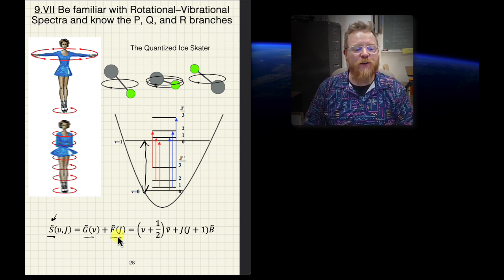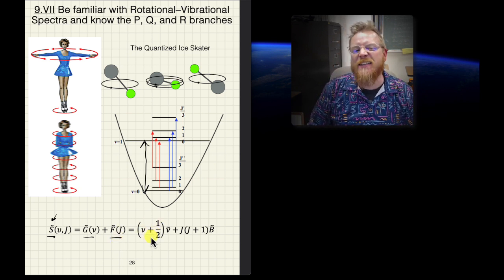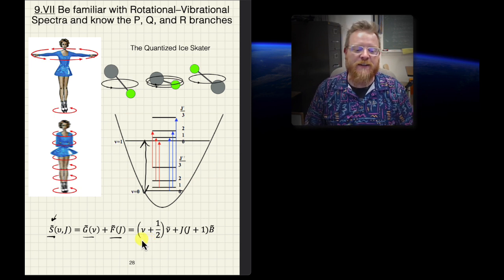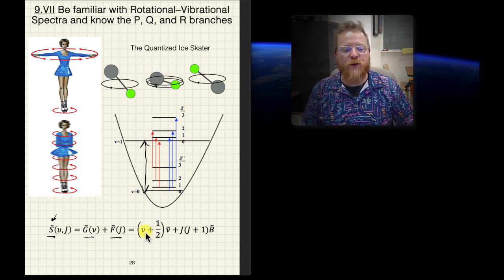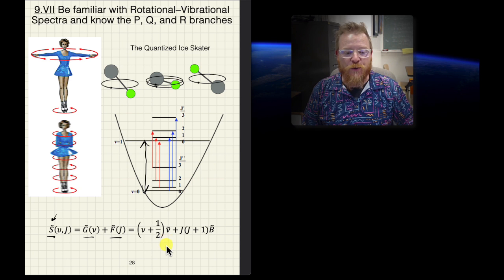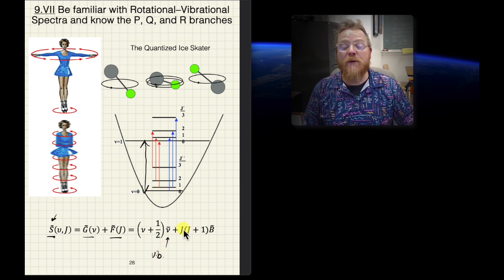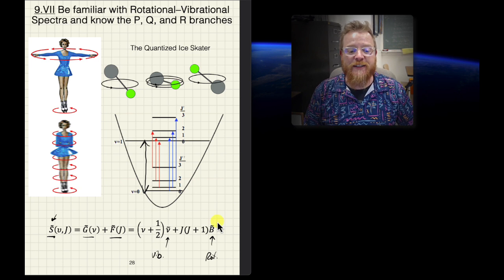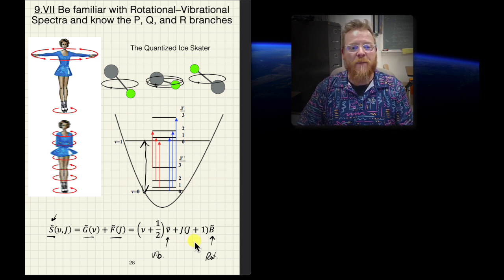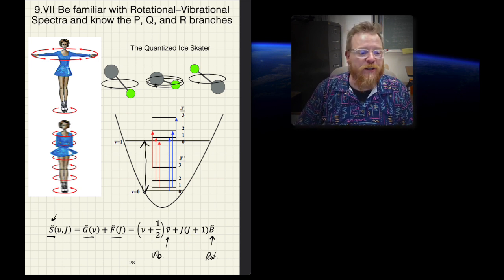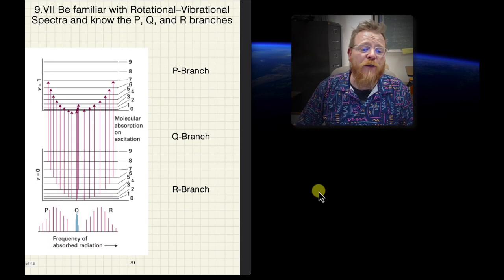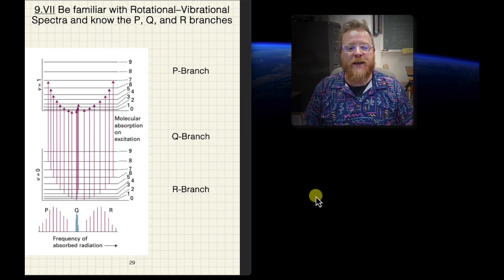And relying on those solutions, and in this case ignoring the anharmonicity contribution, we've got the nu plus 1/2 times nu tilde, so this is our vibrational constant. And then we've got the J times J plus 1 times B tilde, which is our rotational constant. So we need to consider both of those in the gas phase vibrational spectroscopy. So now those are divided up into three things: the P branch, the Q branch, and the R branch.